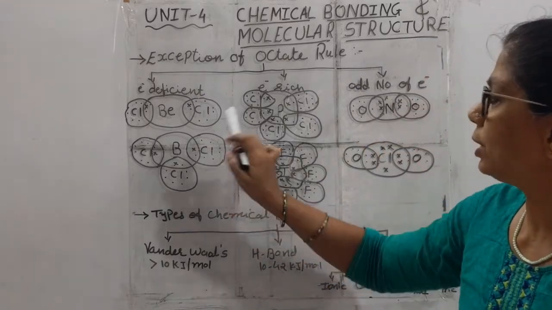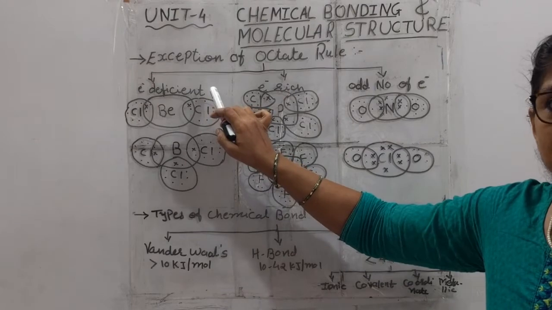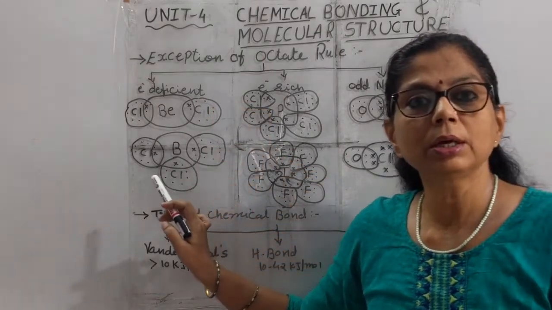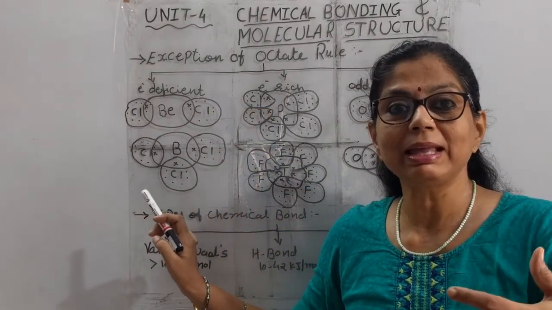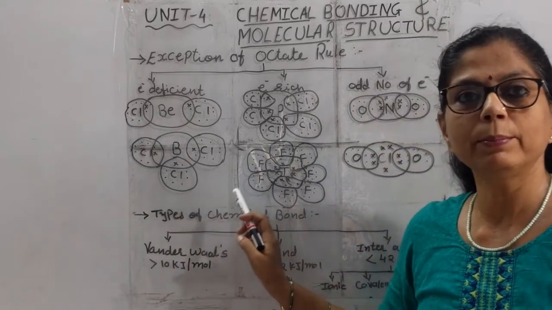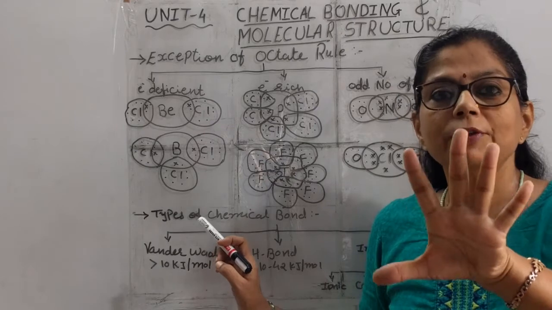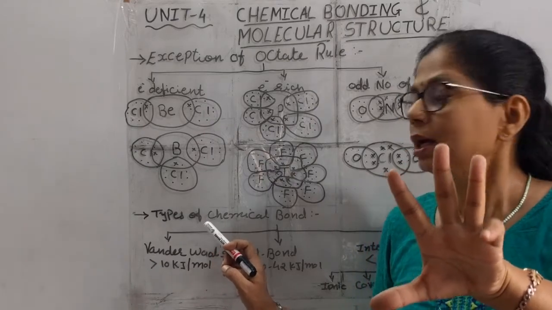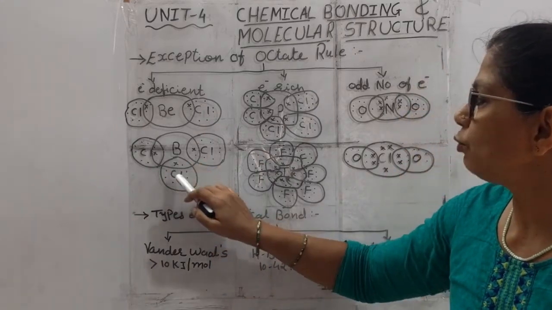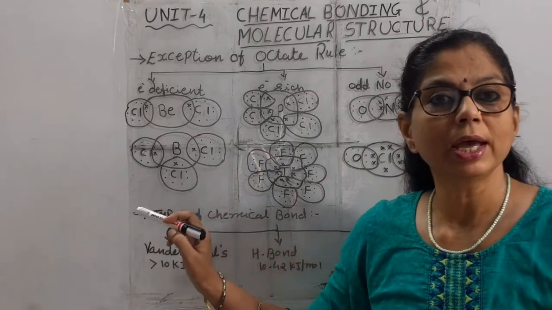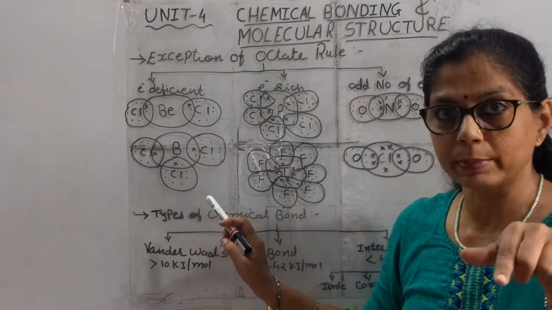Now we'll go with one more example for electron deficient. Here I have taken boron chloride, BCl3. Boron has atomic number 5. Atomic number 5 means it has 3 valence electrons, which I have shown by putting the cross mark.